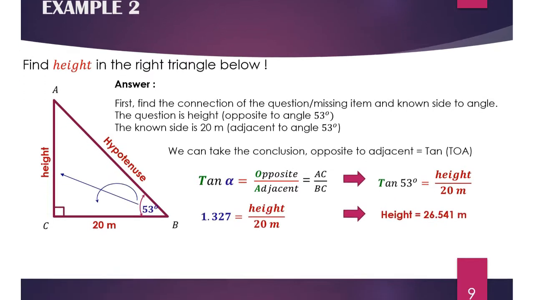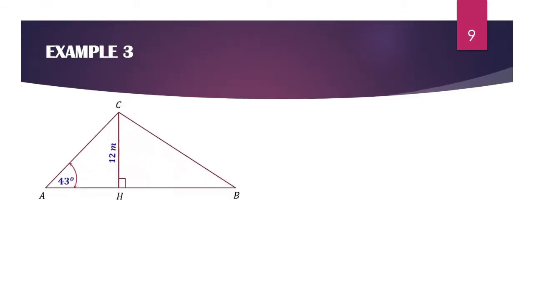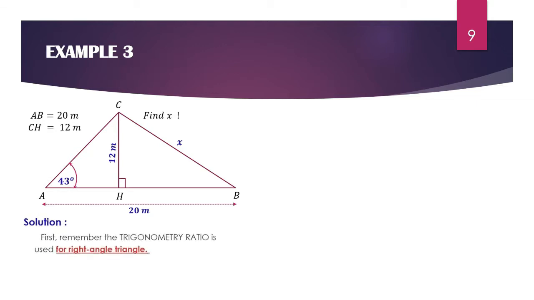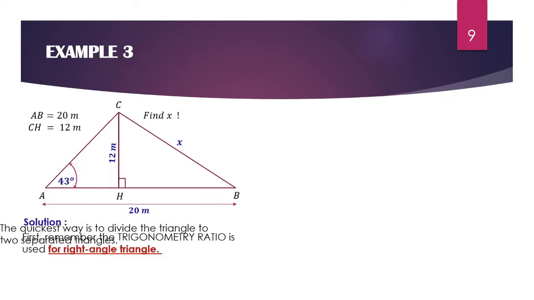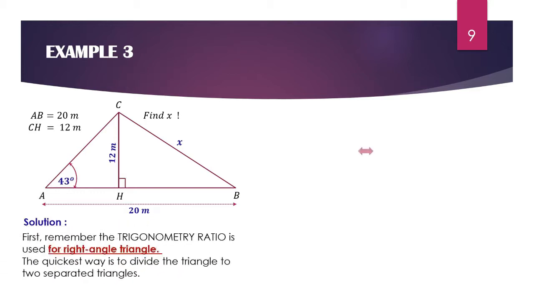Okay, students, go to example 3. Look at the triangle below. Actually, there are two right angle triangles covered by one scalene triangle. Base is 20 meter, AB is 20 meter, and CH is 12 meter as a height. Find X. The solution is, remember the trigonometric ratio is used for the right angle triangle. So you have to separate two triangles. Look at the diagram.